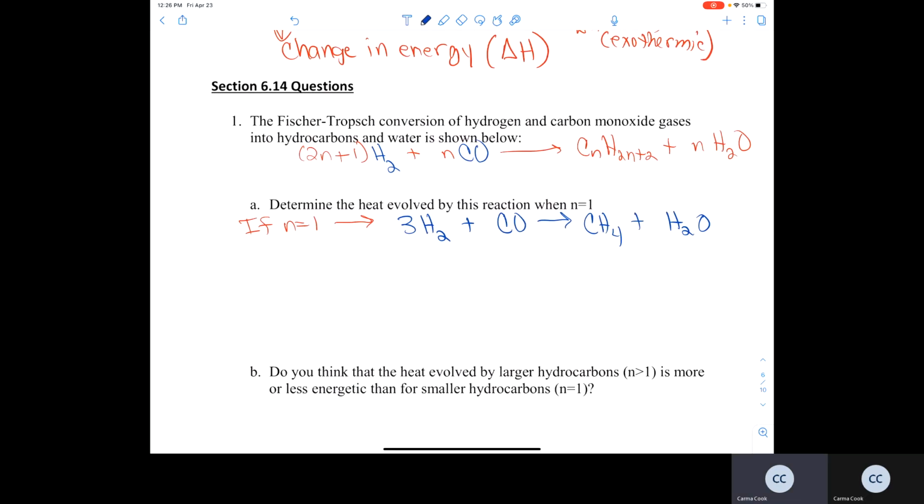Determine the heat evolved by this reaction if n is equal to 1.